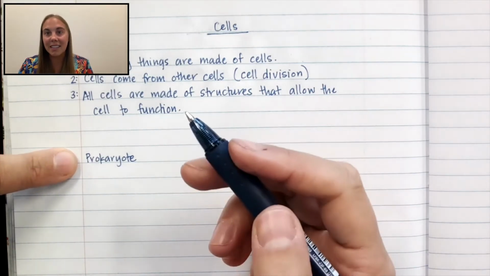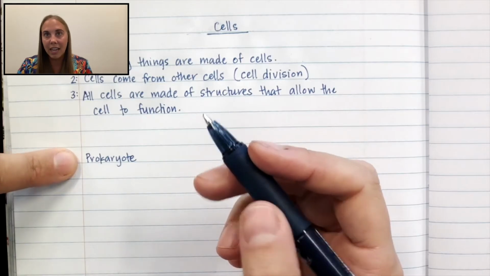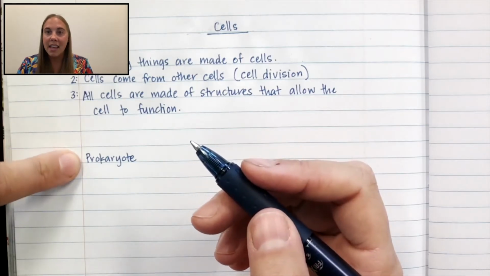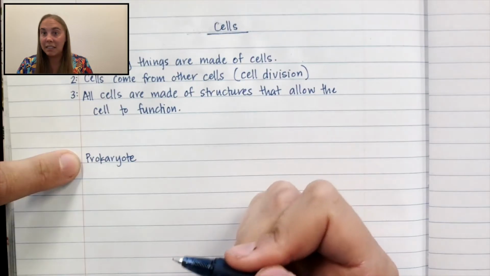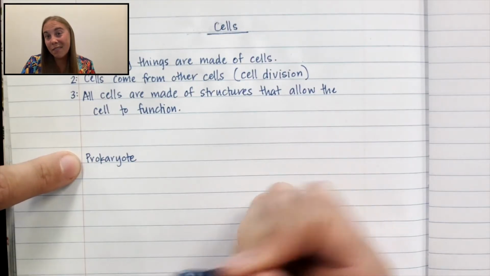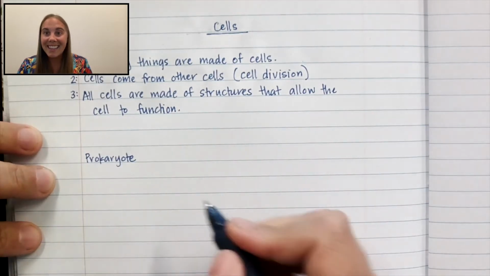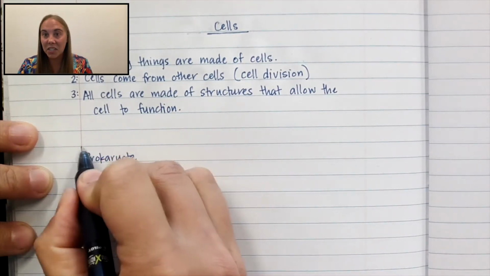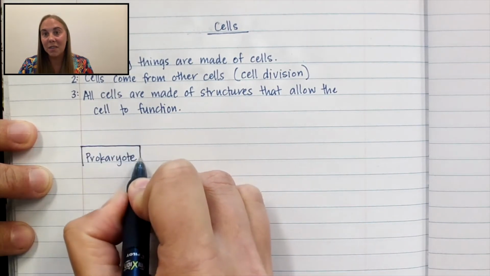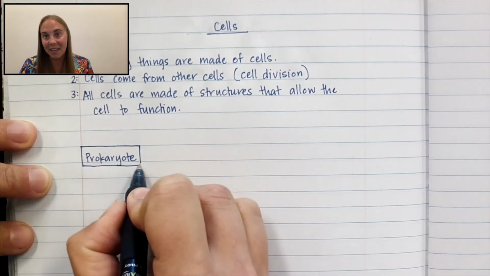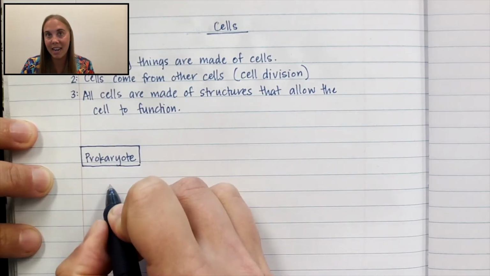Well, that's what the cells that they could see look like. And so they named those cells and they started discussing those cells, but then they found some other cells, and those other cells were quite a bit smaller and they didn't have that egg-like structure. So they named those cells the before egg cells, or the prokaryotes.